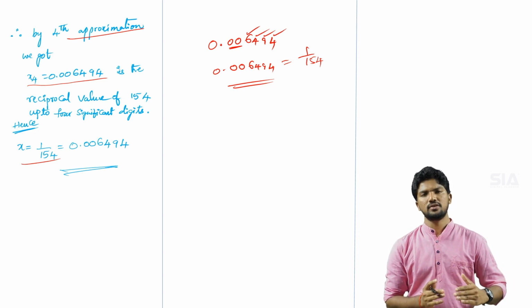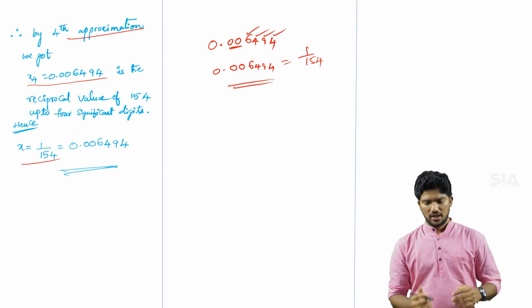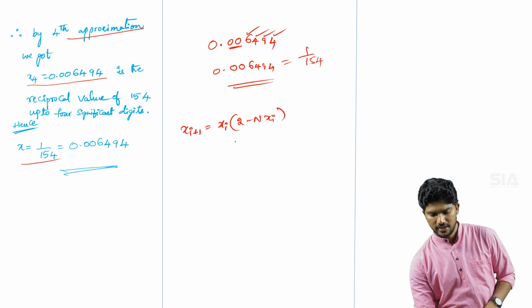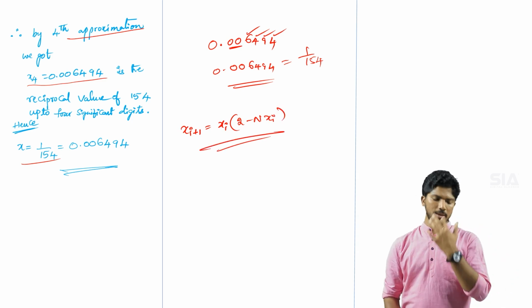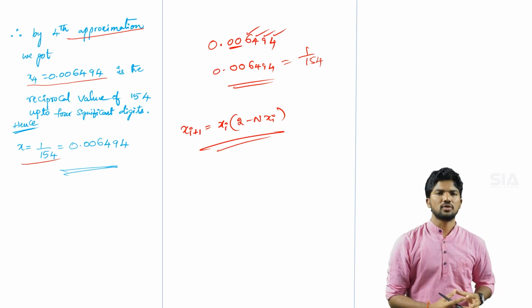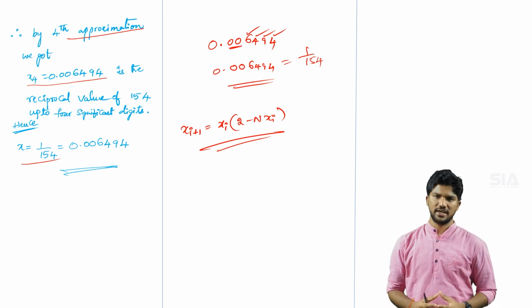Not only 154, by using this iteration formula, x suffix i plus 1 is equal to x suffix i into 2 minus n into x suffix i, you can find the reciprocal value of any positive integer.